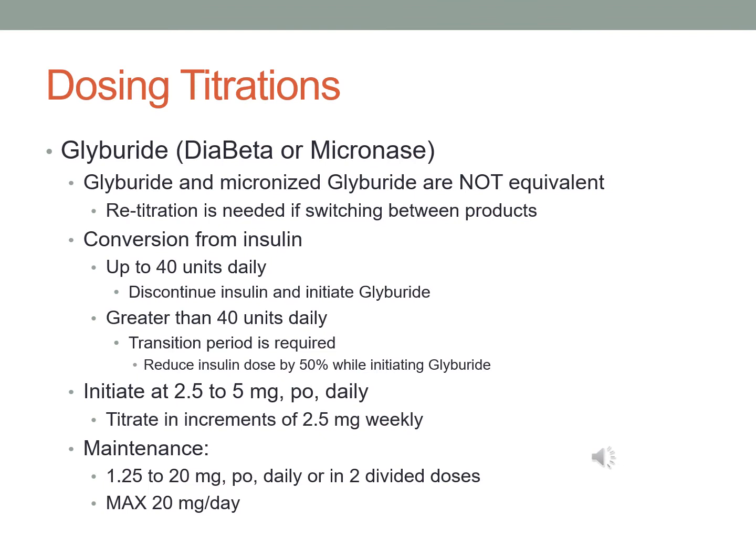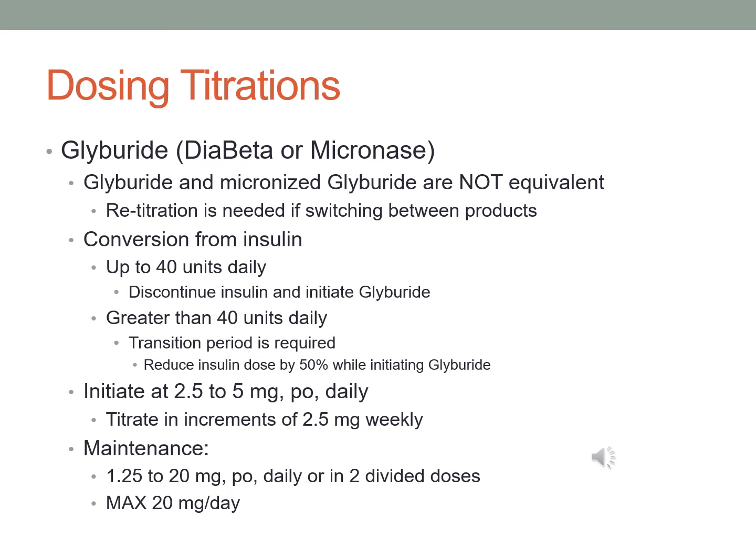Next, we'll talk about dosing titrations for the different sulfonylurea agents. The first agent we'll talk about is glyburide, also known as Diabeta, or the micronized version, Glynase. Glyburide and micronized glyburide are not equivalent. Retitration is needed if switching between the different products.